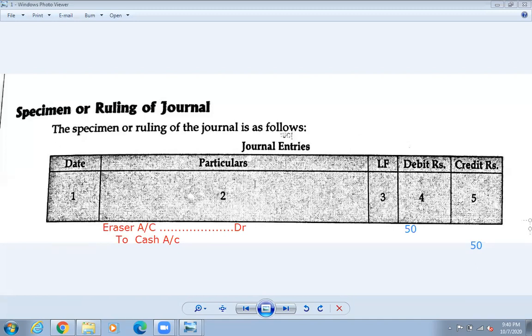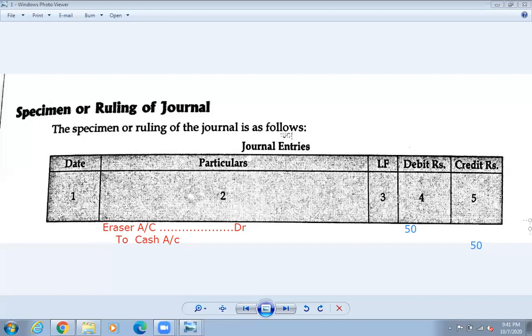What is the number of the bank account? Suppose the cash account number is 50. Then you write 50 in the ledger folio, and you open the book at number 50 and you will get the record of this entry. This is just to make it easier. The ledger folio is like a page number, a book number, which will help you easily find the given documents.